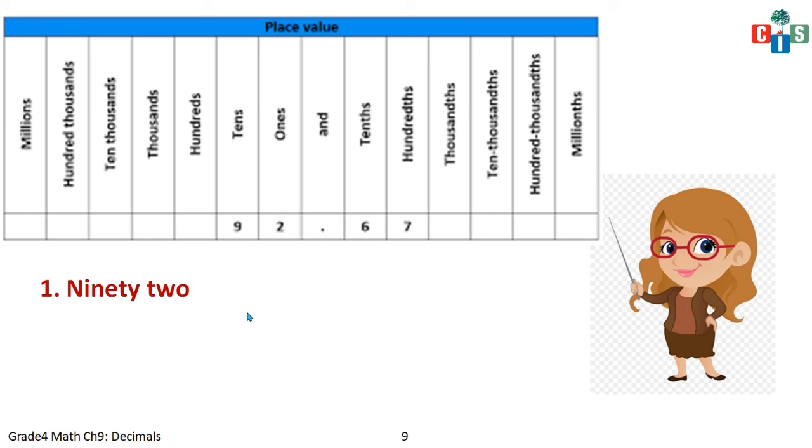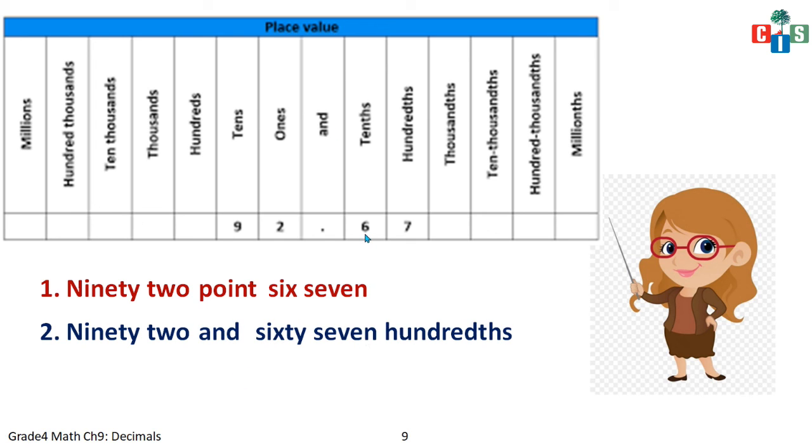Now for the point, what will you write? 0.67. This is the very easiest way to write. So you can read 92.67, and the other way to read is 92, in place of the point "and", 67. Okay, then 67, and 7 is in the 100th place, so 67 100th. Clear? So I can read it as 92.67 and even as 92 and 67 hundredth.